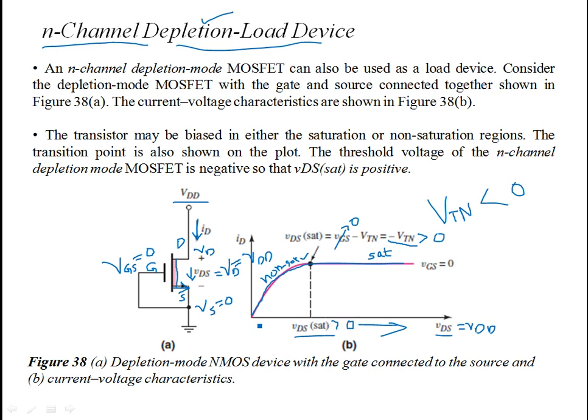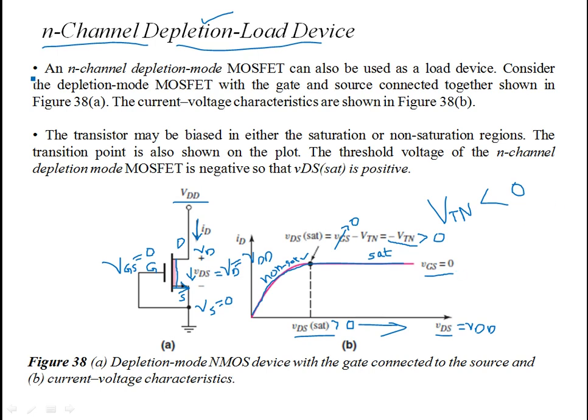For lower VDS or small VDD values, you are biasing your transistor in non-sat. For higher values of VDD, you are moving your Q point and biasing the transistor in the sat region, even for 0 electric field at VGS at the gate terminal.